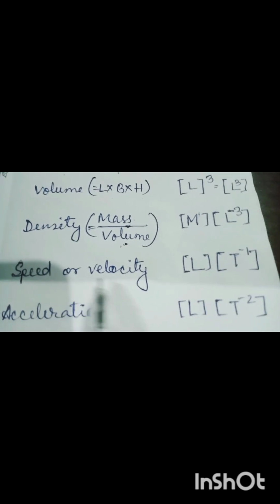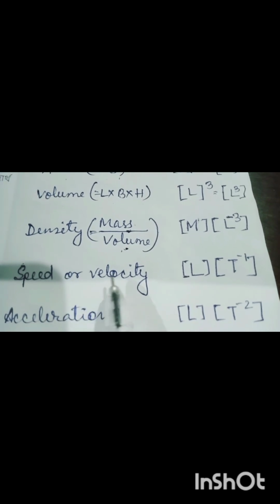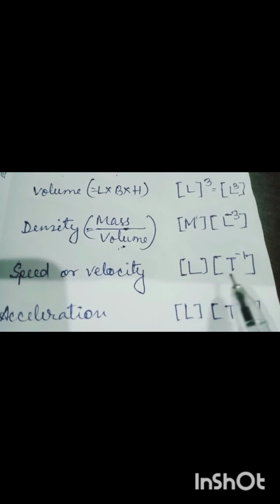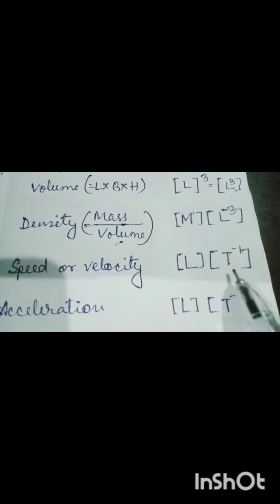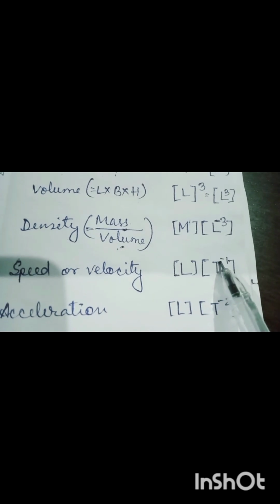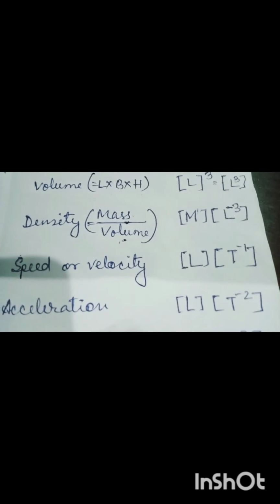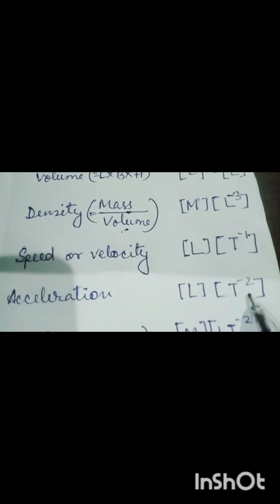Similarly, speed or velocity, we know that the SI unit of speed or velocity is meter per second. Length is used 1 time and time is also used 1 time, but that is in the denominator, therefore T has power -1. Similarly, for acceleration, length is used once and time is used twice, so it is -2.